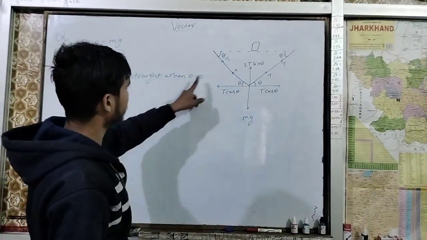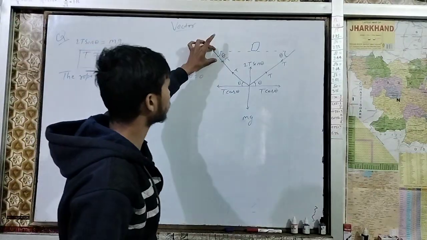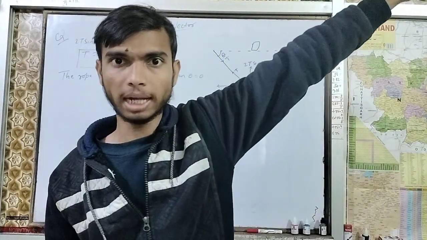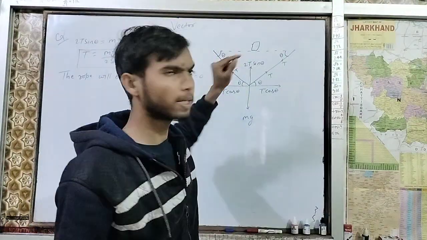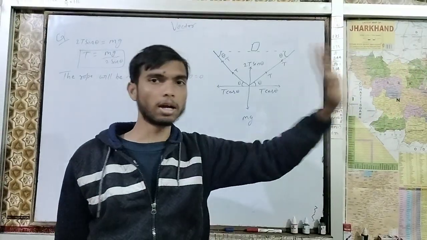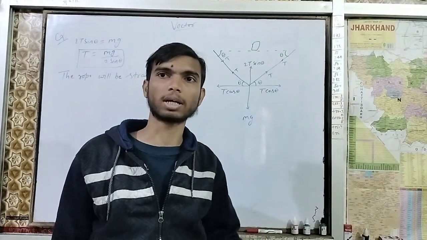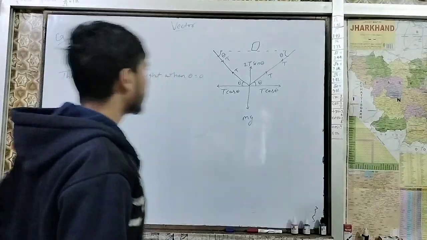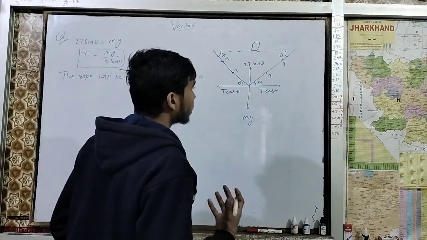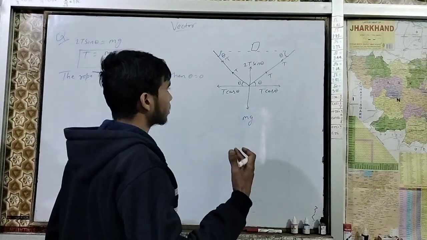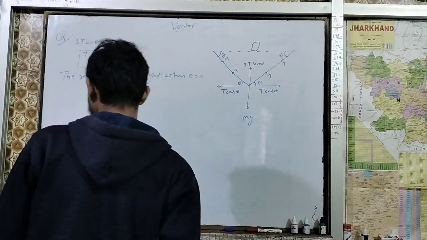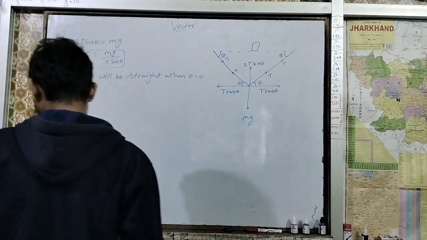Yes, if you put theta 0 over here, then of course this rope will be a straight line. But the situation is not like this. Here, by making some angle, it came downward a little bit, not completely vertically.